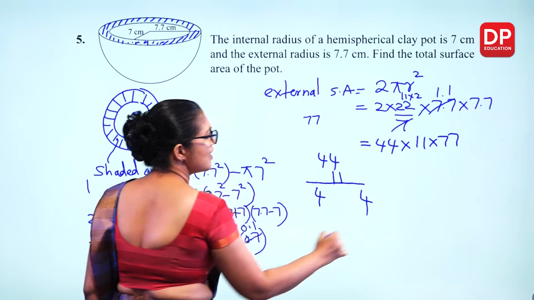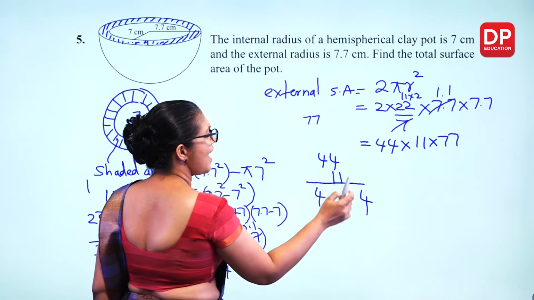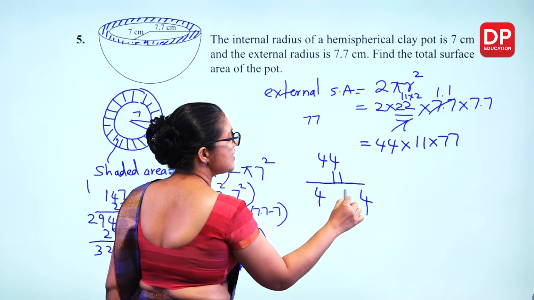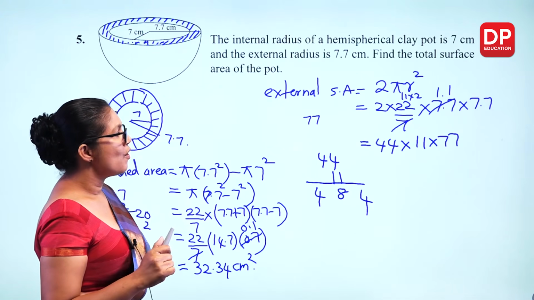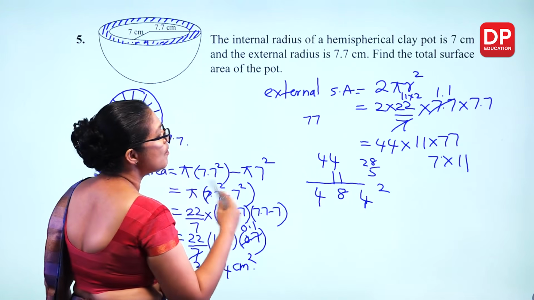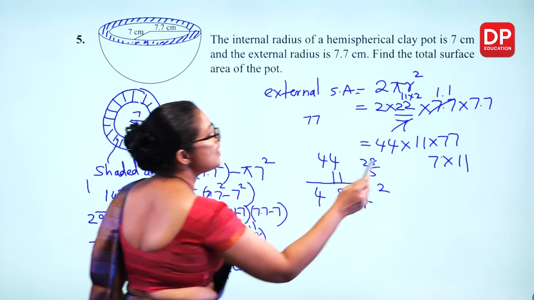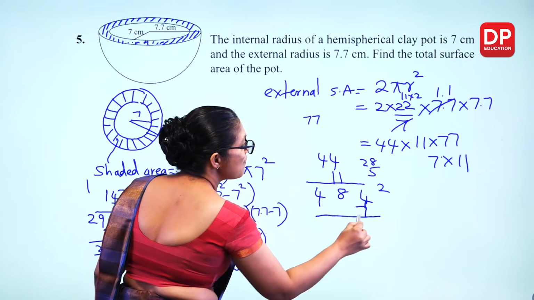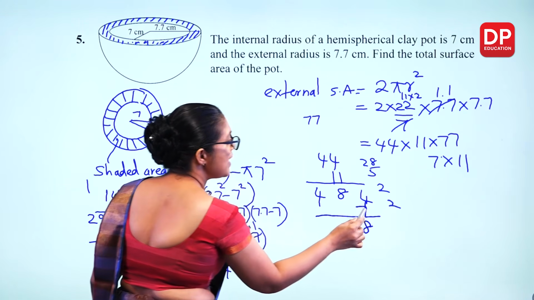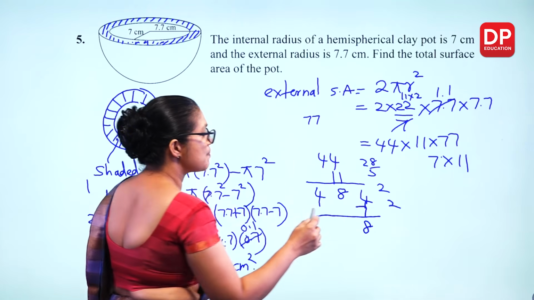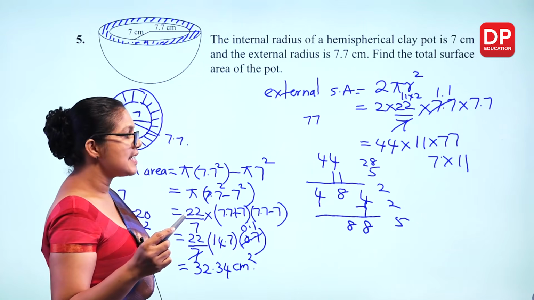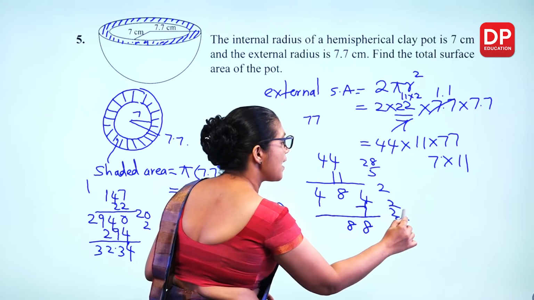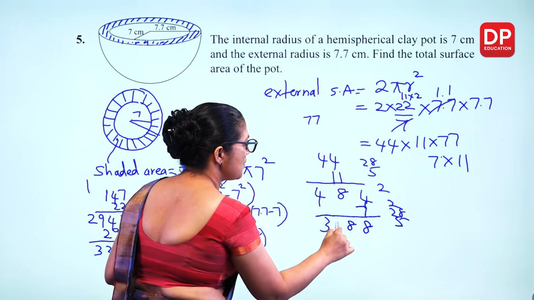We'll write like this and then you add it and put it here. 484. Now 484 you need to multiply by 7. 7 times 4, 28, 2 remaining, 7 times 8, 56 plus 2, 58, 5 remaining, 7 times 4, 28, 28 plus 5, you get 33.